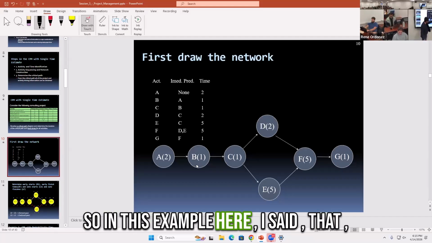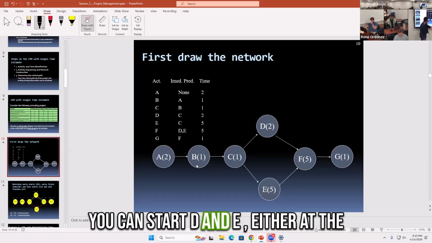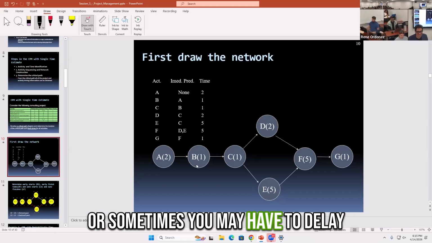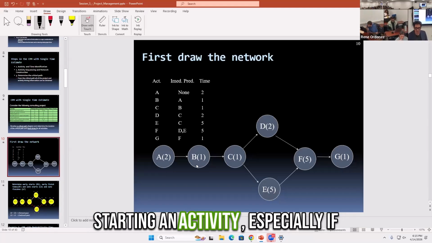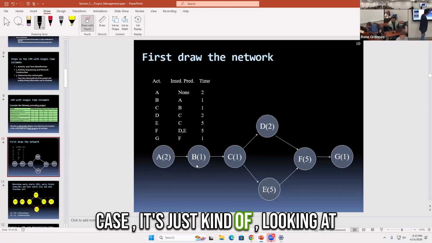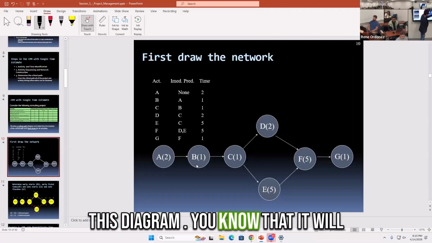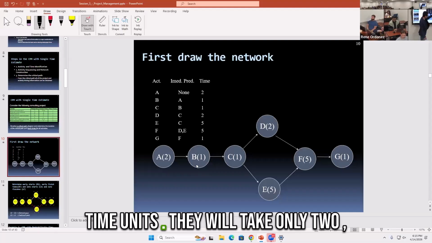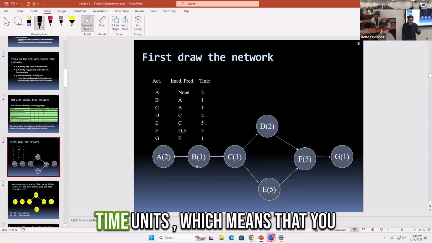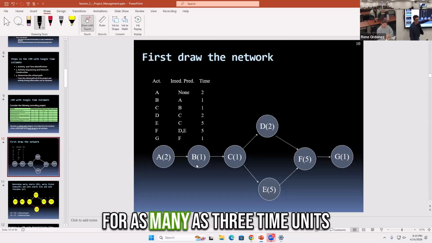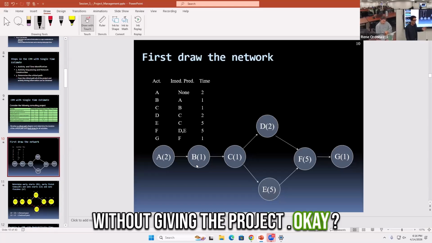So in this example here, I said that you can start D and E either at the same time, or sometimes you may have to delay starting an activity, especially if there is a slack, right? Just looking at this diagram, you know that E will take 5 time units. D will take only 2 time units, which means that you can delay D for as many as 3 time units without delaying the project, okay?